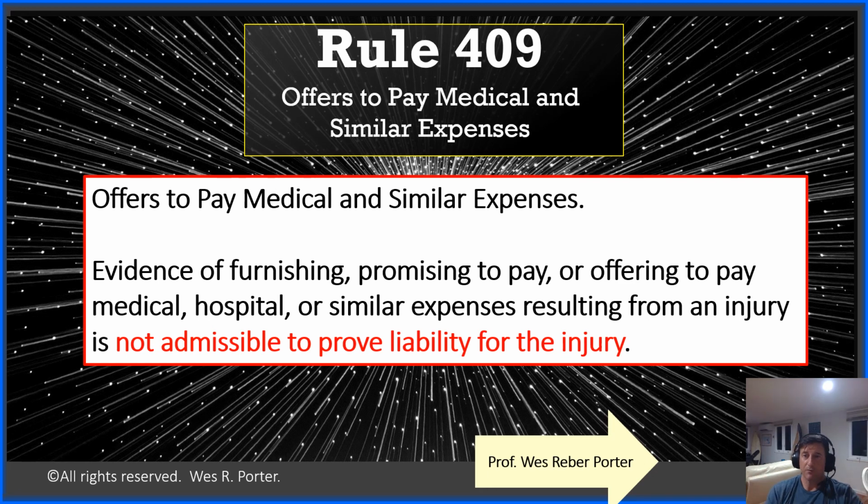So you can offer evidence as the proponent of offering to pay, furnishing, promising to pay medical expenses, actually paying medical expenses, as long as you do it for some other purpose than the bad purpose in the rule of proving liability. And don't forget that these policy rules are often coupled with not only relevance, which it's going to get over, since there is some tendency that this offer to pay medical expenses is going to make it more probable that they did something wrong, that they are liable for this accident, than it would be without this evidence.